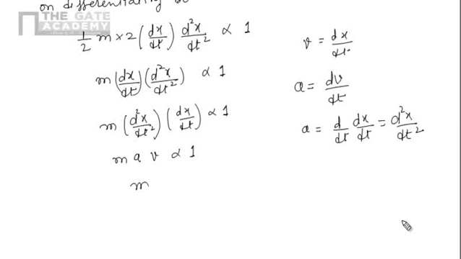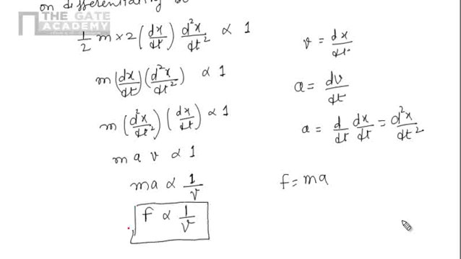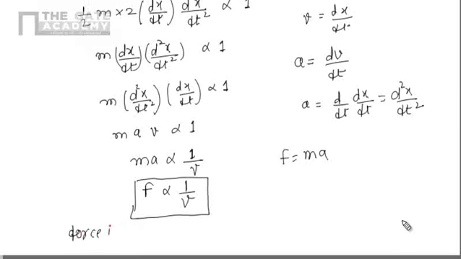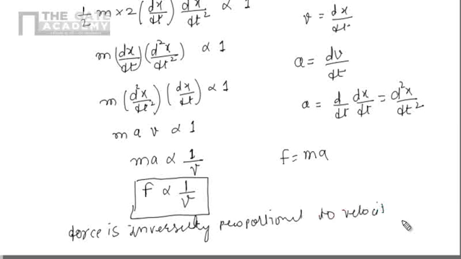So now I can write m a is proportional to 1 by v. We know F equals ma, so I can write F in place of ma is proportional to 1 by v. So this is the relationship between force and velocity: force is inversely proportional to velocity v.